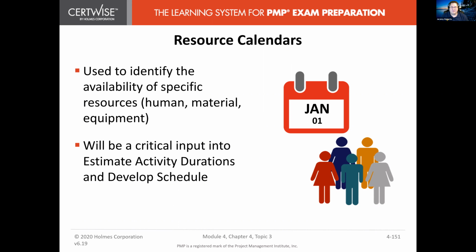And when we're working on our activity durations, we might need to adjust our activities or how long the activities are based on the conflicts we identify in the resources. And we can continue to update or modify our schedule if we've adjusted activity durations.